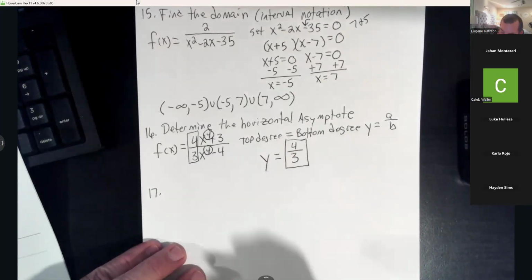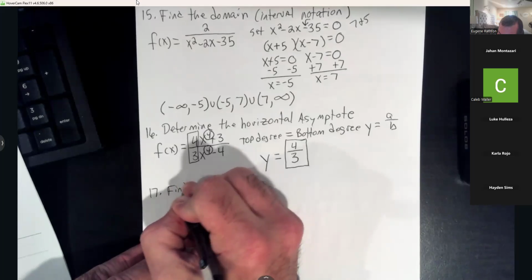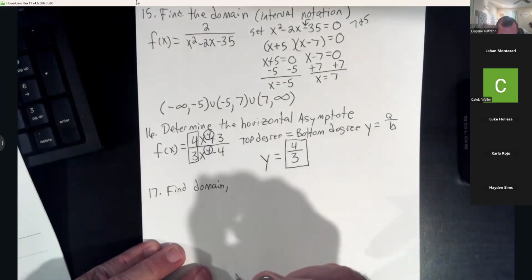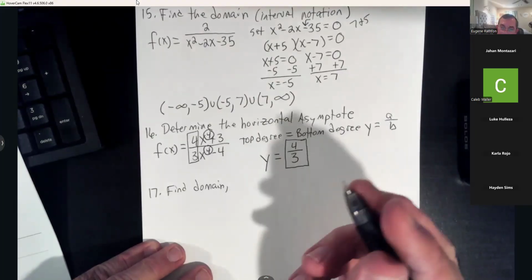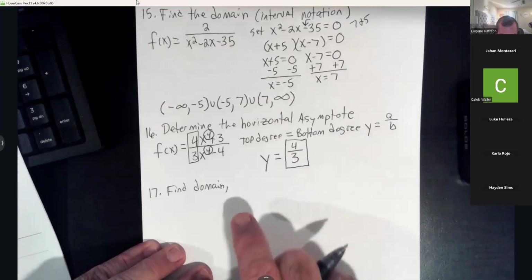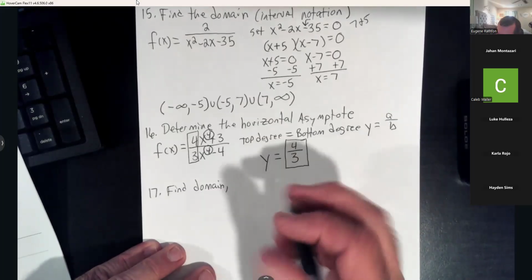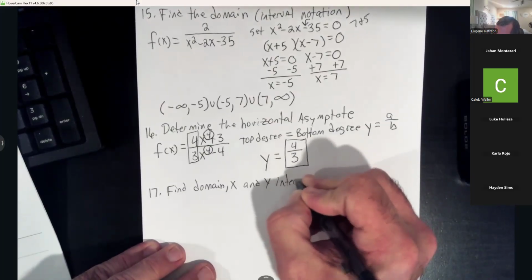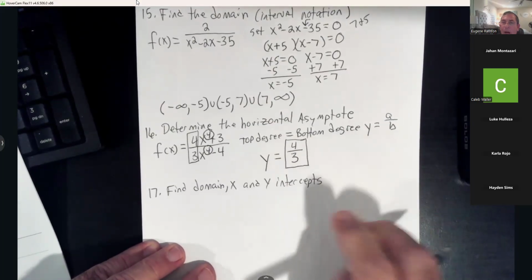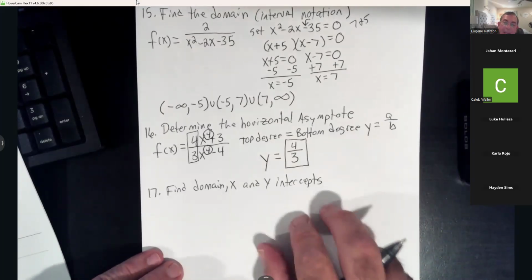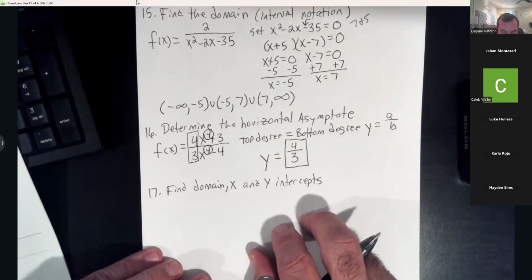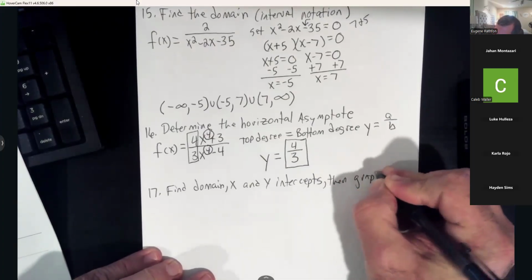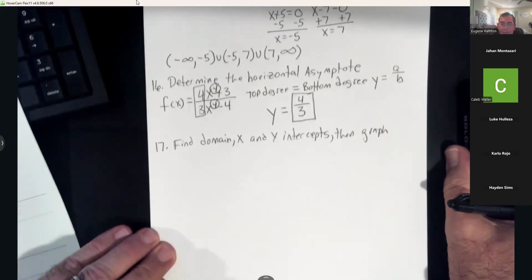There you go, 17. I'm going to find the domain, any asymptotes, but they don't ask for those. And then it wants the x and y intercepts. But I'll find the asymptotes so that I can pick out one of these pictures, okay? And then graph. All right, so let me pull this down.